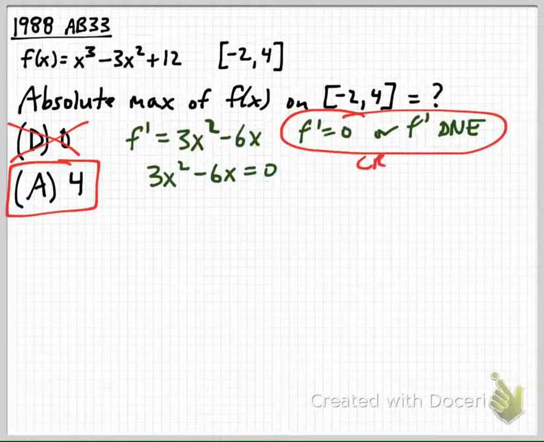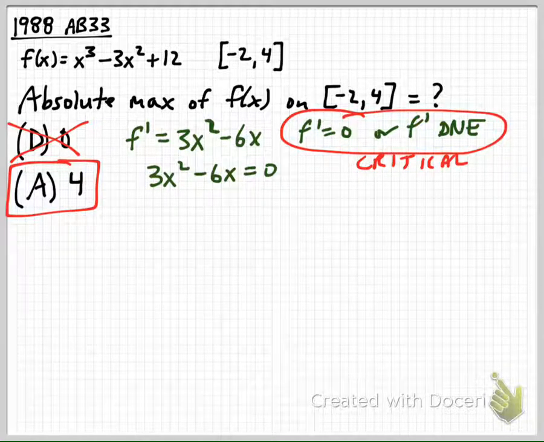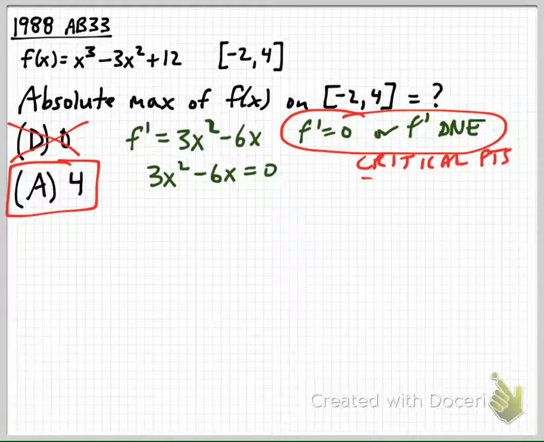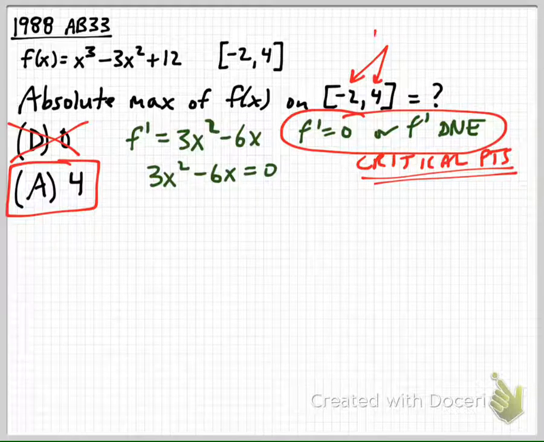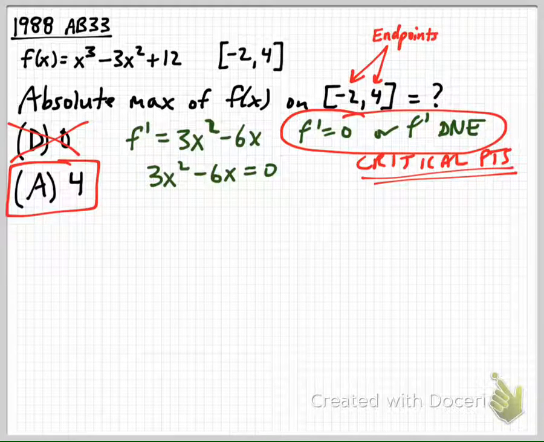This is where we will find any maxes or mins on the interior of the interval. But again, these are the endpoints, and endpoints are also where we may find extreme values. So you just got to be careful when you see a domain like that.